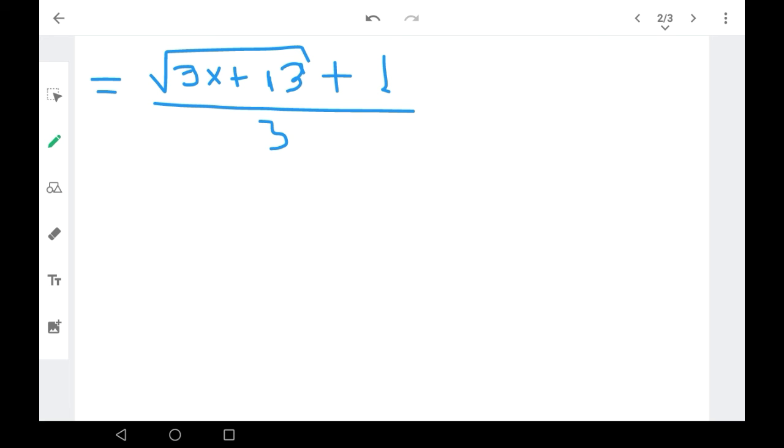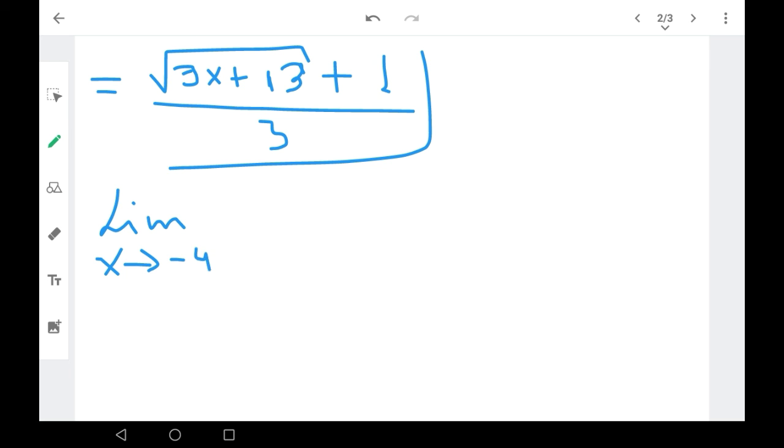So now what I have to do is copy the limit again, right? I ended with this part, so I can say that the limit as x approaches -4, now the new expression is the one that I have here: the square root of 3x plus 13 plus 1, divided by 3.